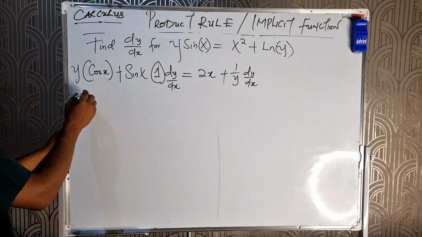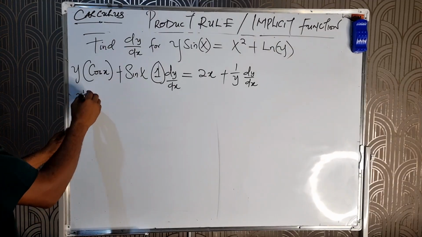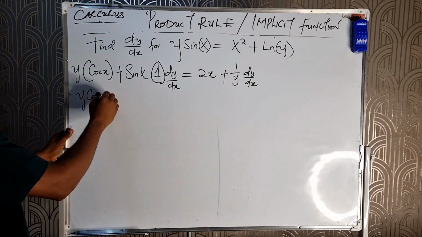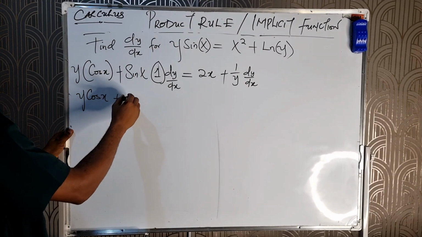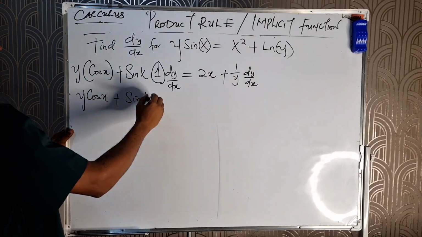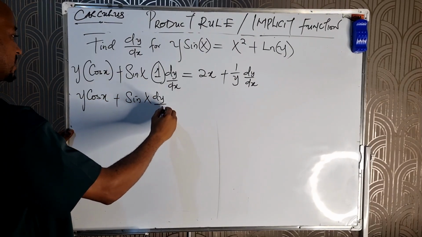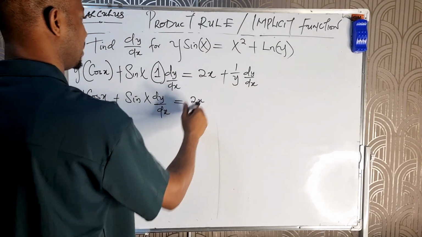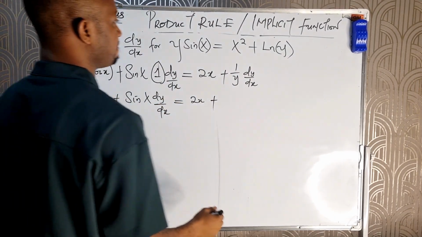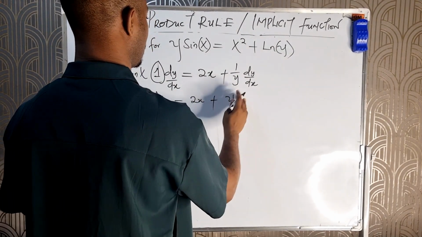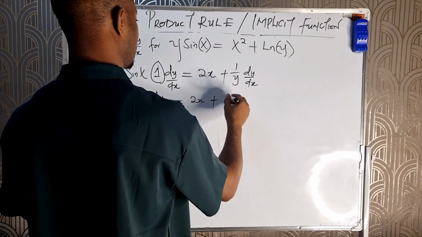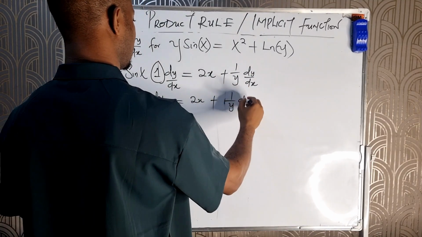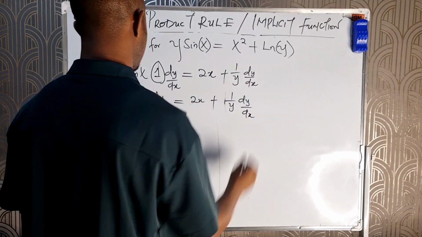So here we have y cos x plus sin x dy/dx equals 2x plus 1 over y dy/dx.